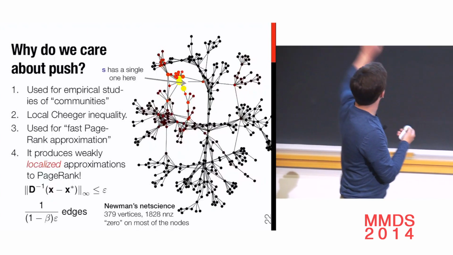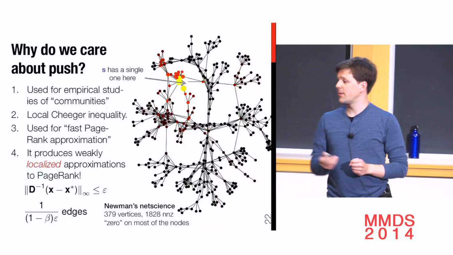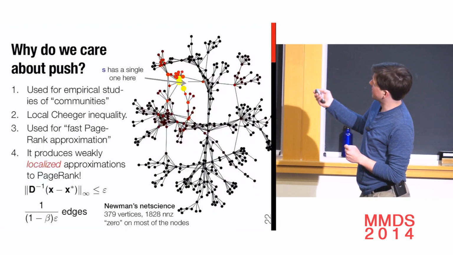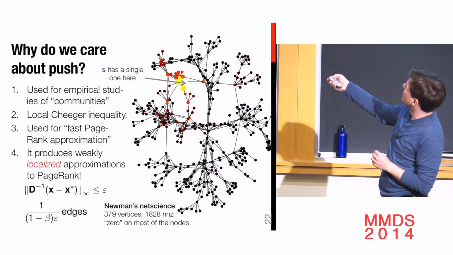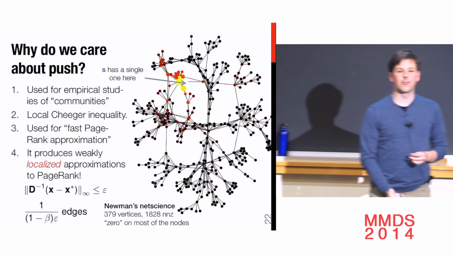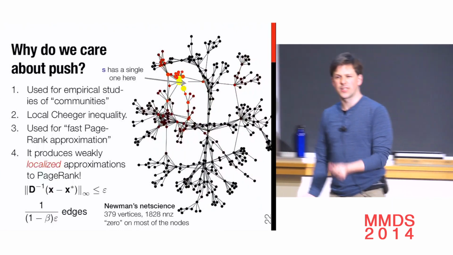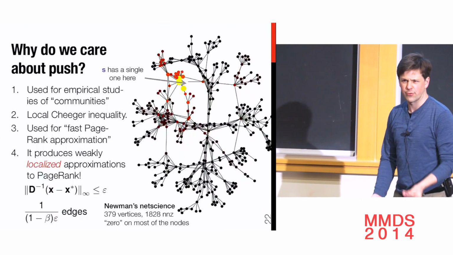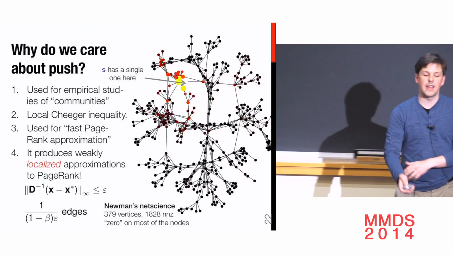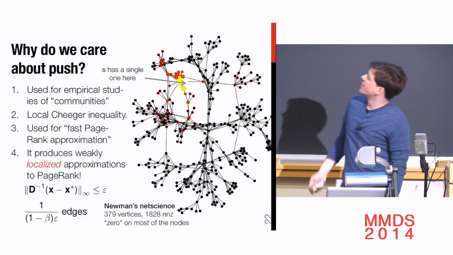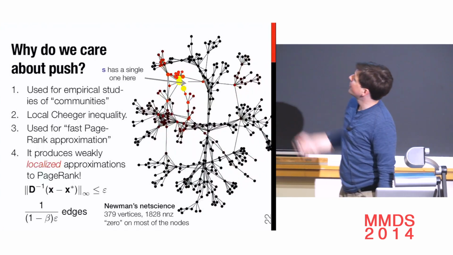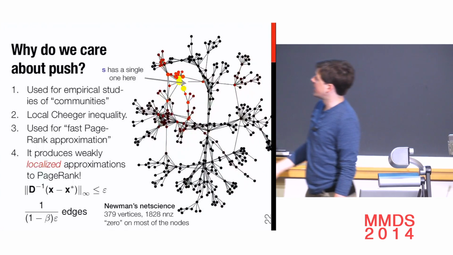Some people think you can use this to do fast personalized PageRank approximation. That's actually not the best use of it because you get an approximation that's in a degree inverse weighted norm. So this isn't particularly useful for saying you've got a good PageRank vector. You get a good estimate of some type of scaled vector. But you can do this in an entry-wise localized way here.